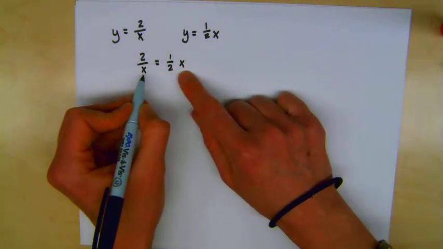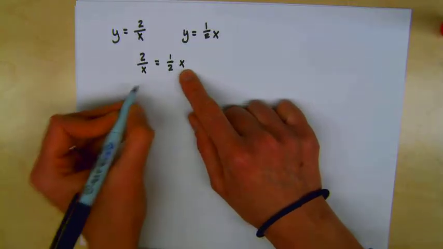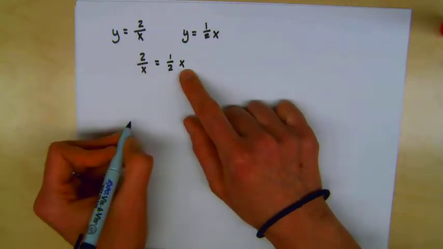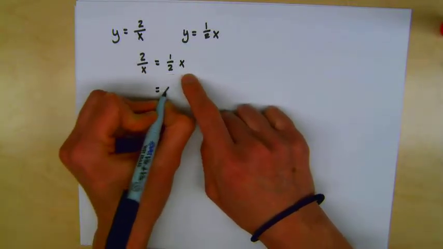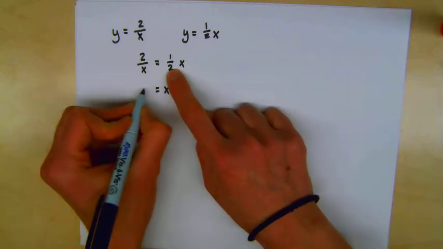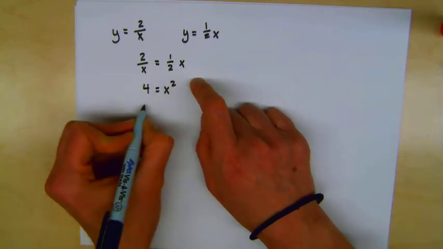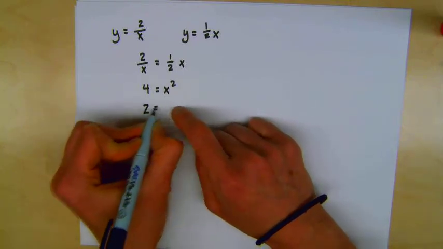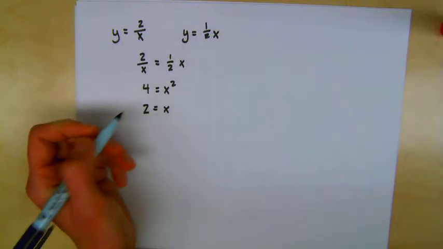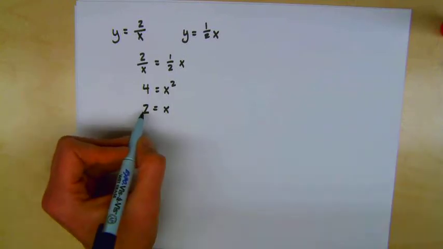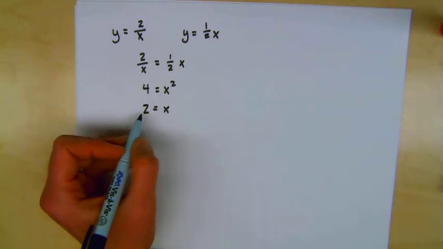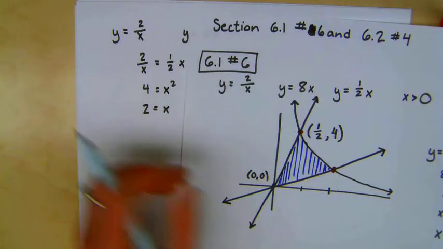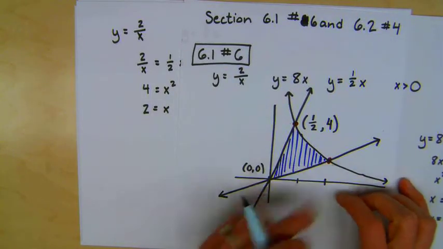I'm going to multiply both sides by x and multiply both sides by 2, and I see that x squared is equal to 4. Again, I'm going to ignore the negative value because we want to restrict our domain to positive x values. So x equals 2 is our intersection point, which we can see graphically.